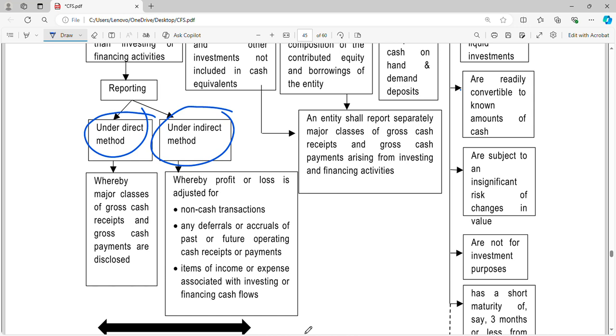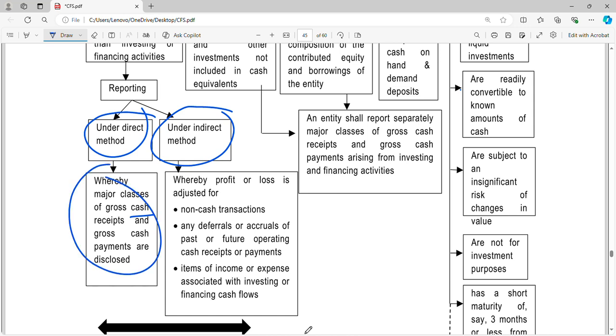Operating expenses means whatever expenditure is incurred by the entity to run the business will come under this head. For example, if the entity is paying salaries, wages, payroll, administration or selling expenses, overheads, insurance, whatever expenditure they incur to operate the business, this will come under the operating activity.